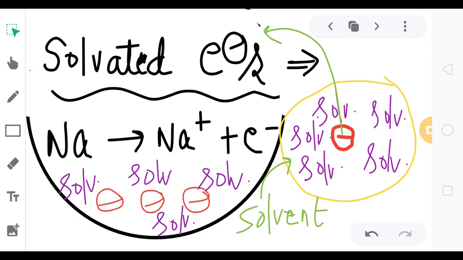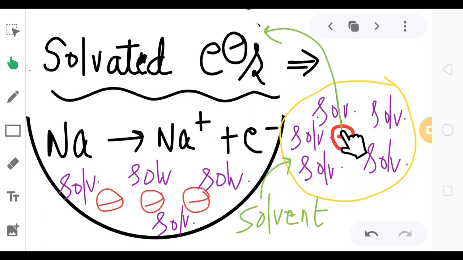Here it is a vessel, and this sodium atom releases an electron very easily because of low ionization energy. This whole process occurs in the vessel where we have the solvent. When the electron goes into the solvent, it is surrounded by solvent molecules.